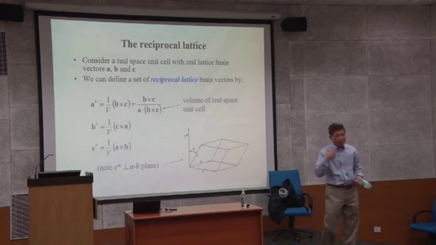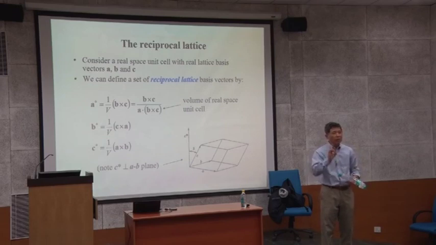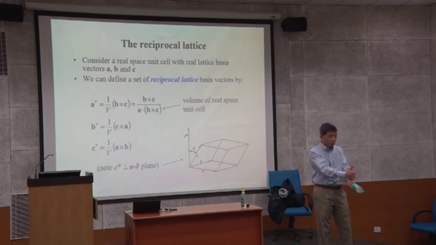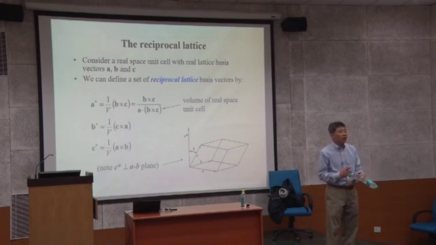In all X-ray diffraction work, the scattering vector is normal to the plane. So you want to find the normal direction of the plane. That's what we care about in X-ray diffraction. So with B cross C, I define one perpendicular direction. At least I can describe the direction of the plane normal.